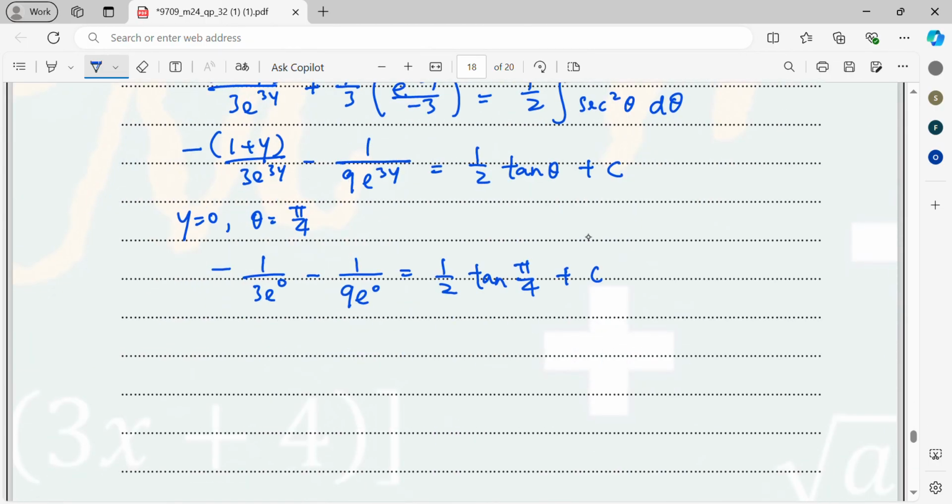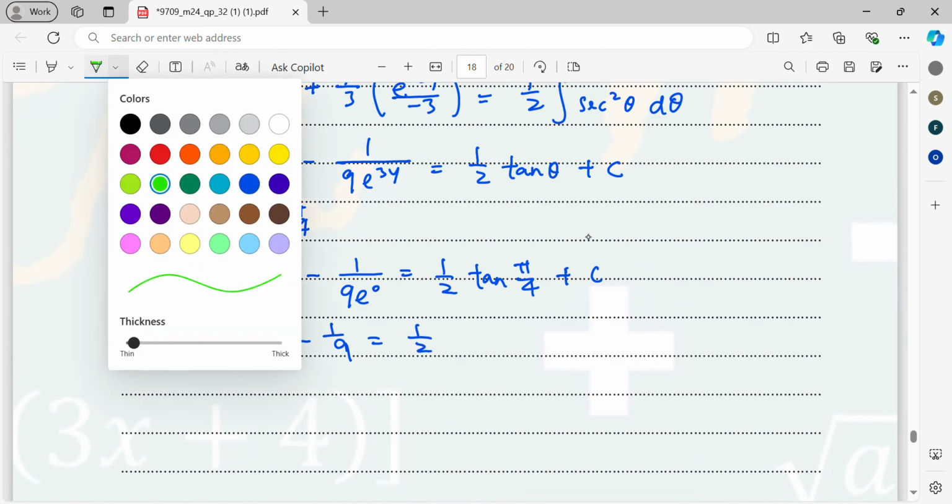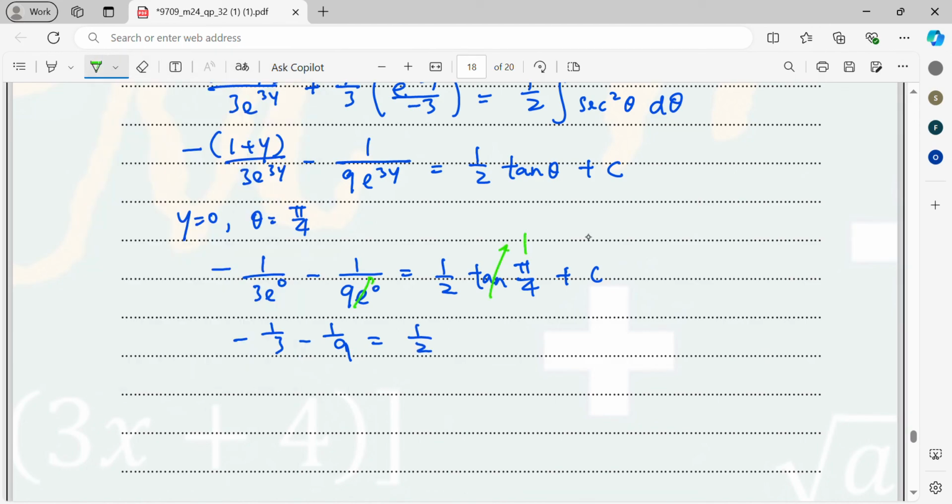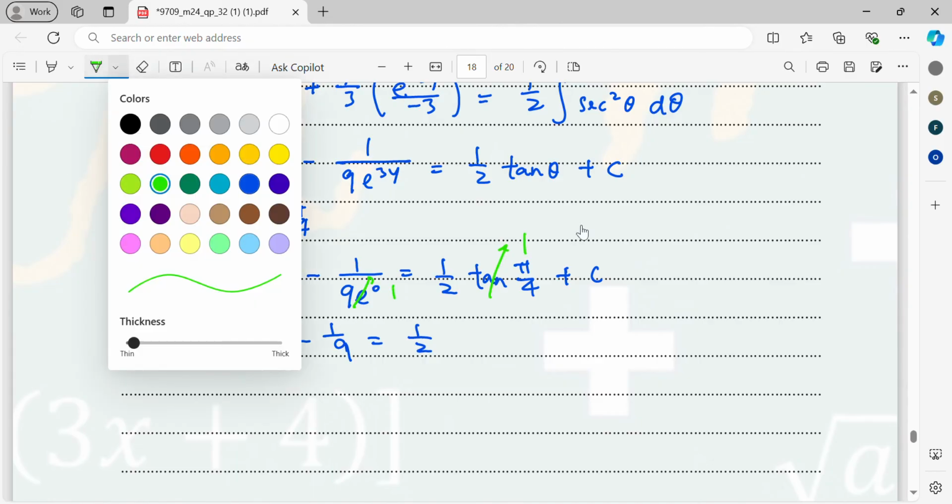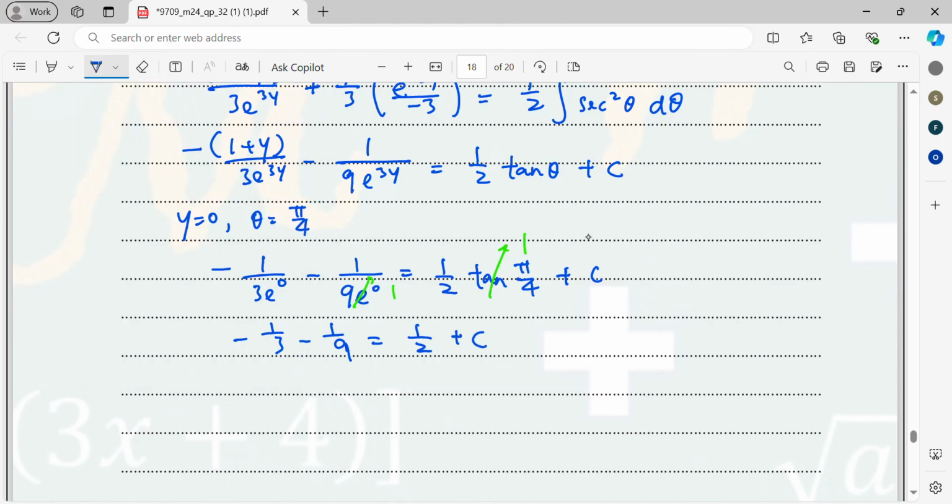So e to the 0 is 1. That means negative 1 over 3 minus 1 over 9 is half. Tangent pi over 4 is 1. Okay, this is 1. Here is also 1. Then plus c. That means now your c is going to be negative 17 over 18.